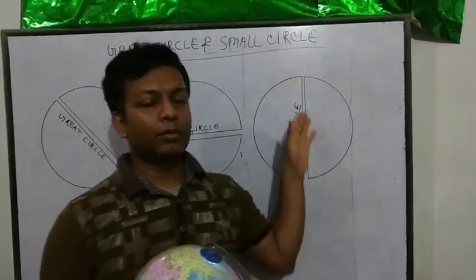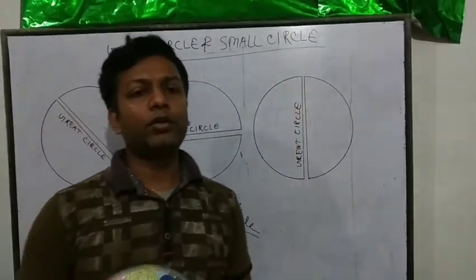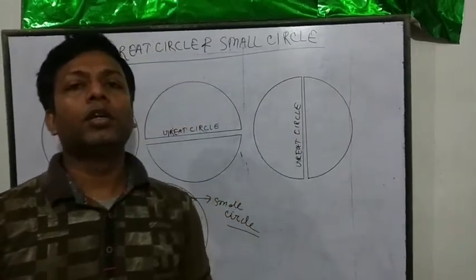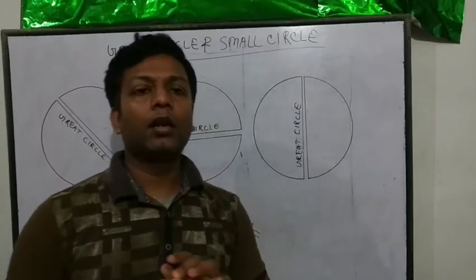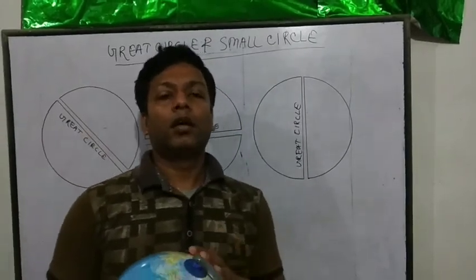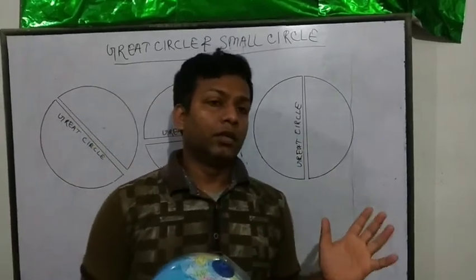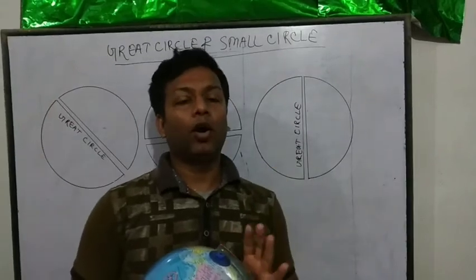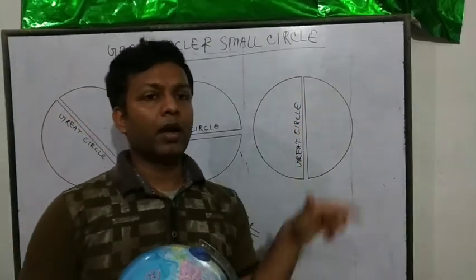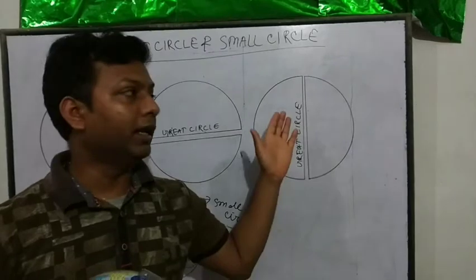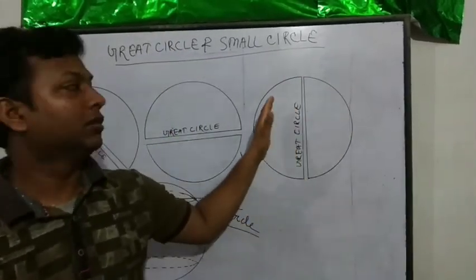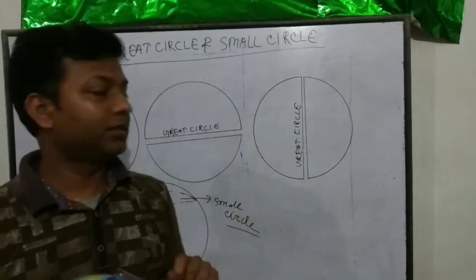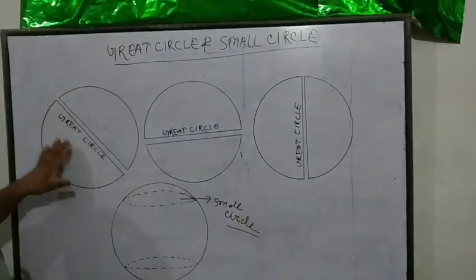But when it comes to meridians of longitude, they make complete circles. We have 180 meridians to make a complete circle, so we have 180 equal halves of the earth. And the great circle, like that.